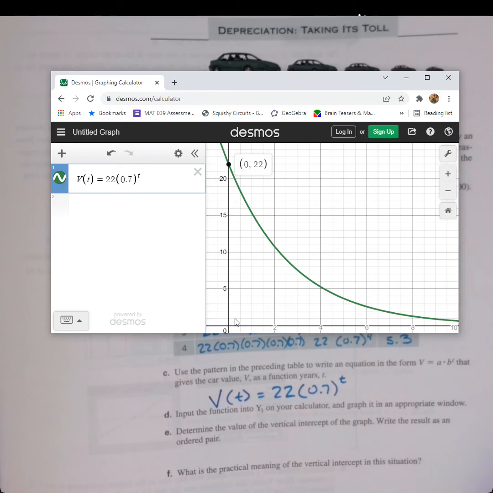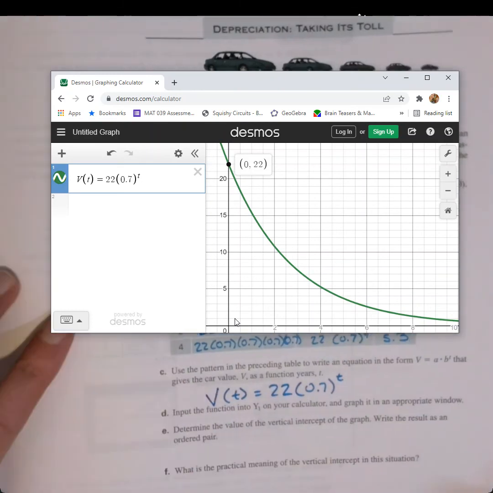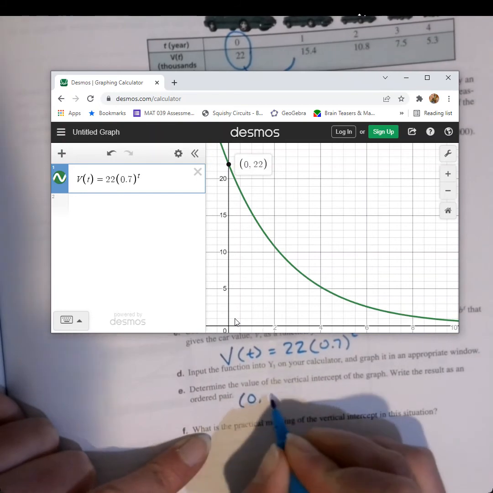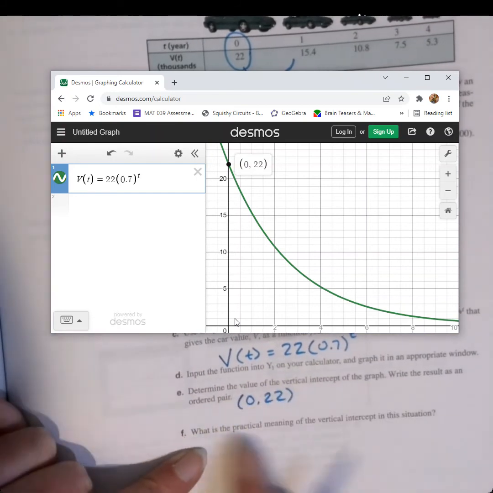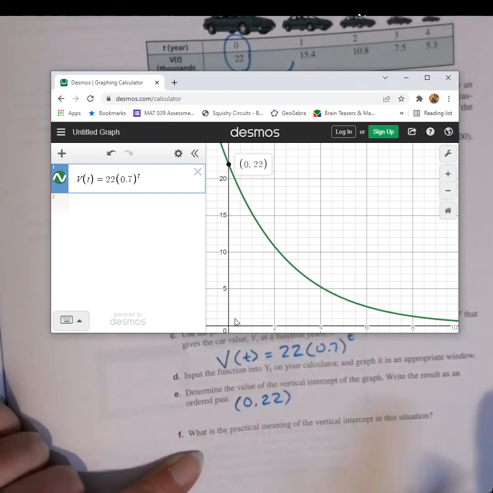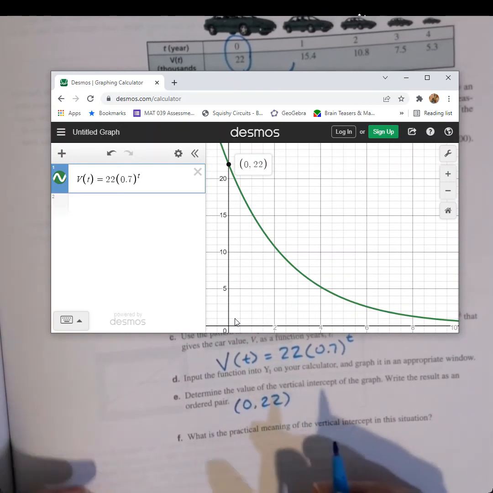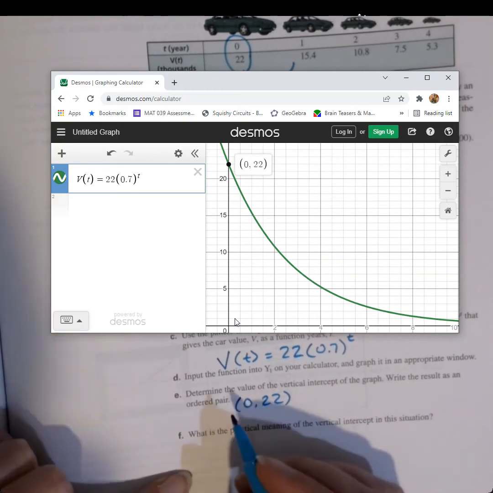Okay, determine the vertical intercept. Write the result as an ordered pair. Well, I can see it on the graph. It is (0, 22). What is the practical meaning of the vertical intercept in this situation? 0 is the initial t value, and that just means when the car was first purchased.